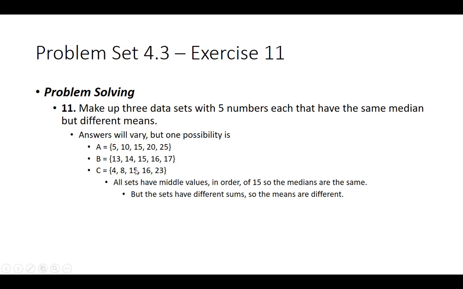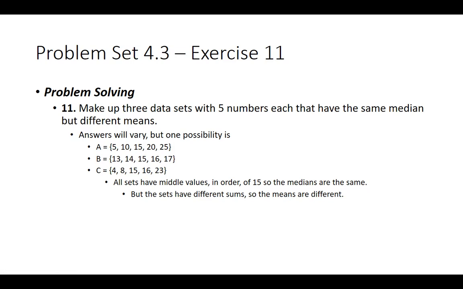And for C, I kept 15 as the middle number, but this set is 4, 8, 15, 16, 23. Again, adding up to something different than A adds up to and something different than B adds up to.